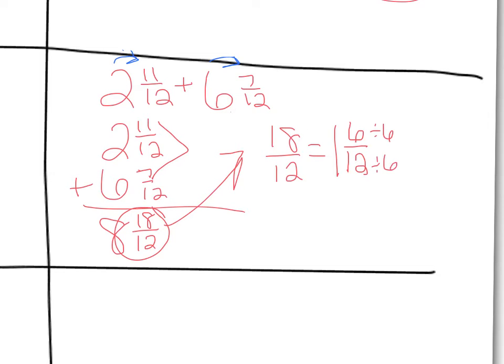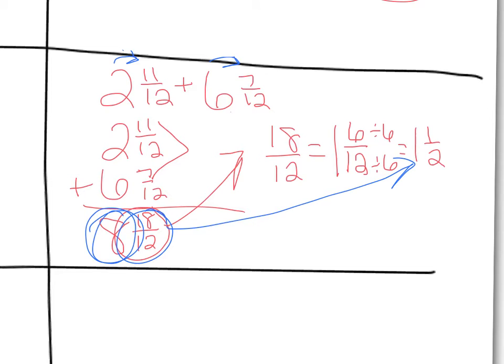I can divide out a 6 from both of those numbers, so I get 1 and 1/2. So this 18 twelfths is the same thing as 1 and 1/2. But that's not my answer because I had these 8 wholes over here. So I'm going to add this 1 to this 8 to give me an answer of 9, and then my fraction stays the 1/2.